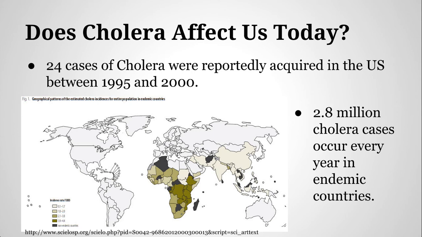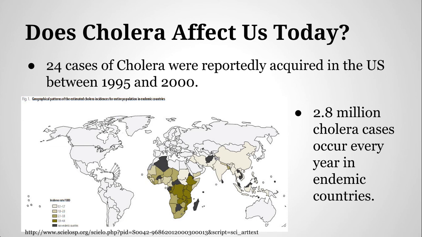You can see on this map, well, the very darkest countries are places where cholera is non-endemic or not prevalent, but in the countries with green, the darkest green symbolizes where it's the highest incidence rates, and the lighter green symbolizes lower incidence rates, or the white symbolizes nearly none.